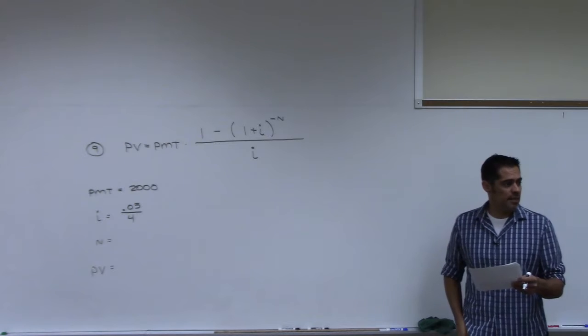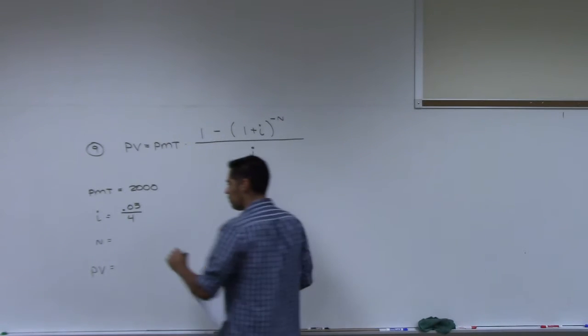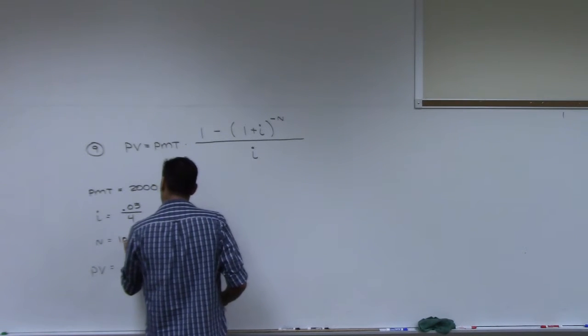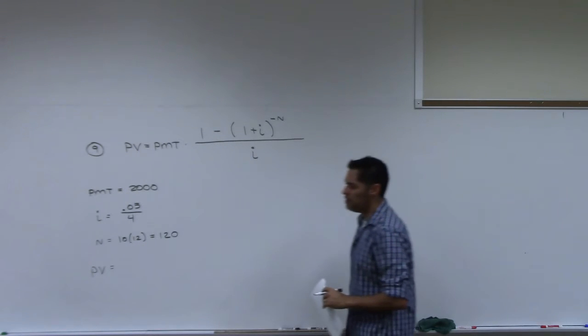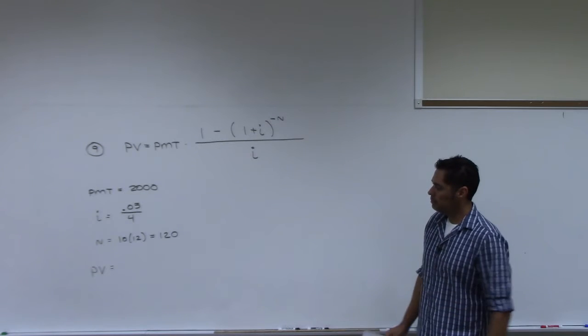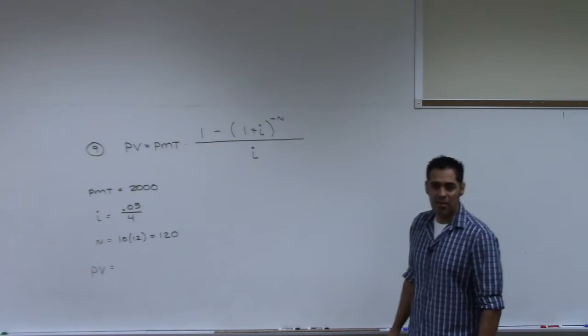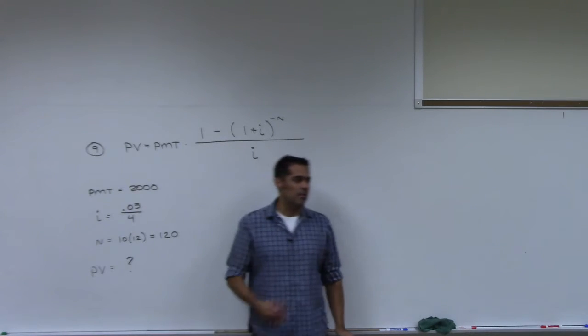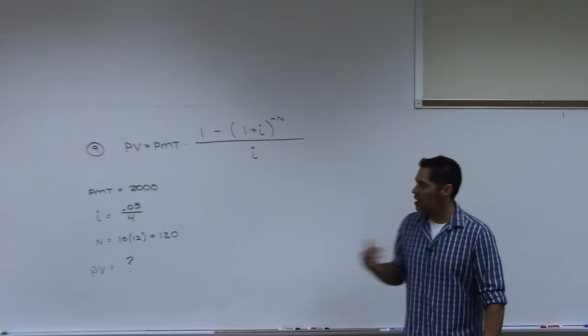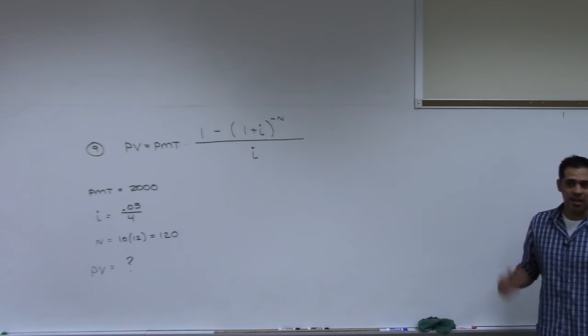Right? So isn't that 10 times 12? Equals 120. Do we know the present value? No, this is actually what we want to know, isn't it? We would like to know how much money do I need to go dump into the bank right now to be able to pull $2,000 out every month for the next 10 years.